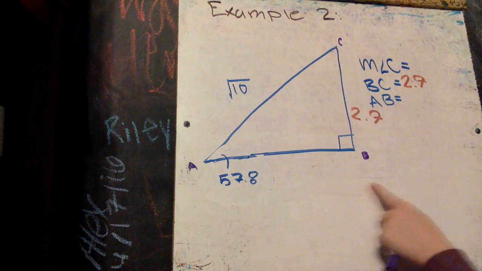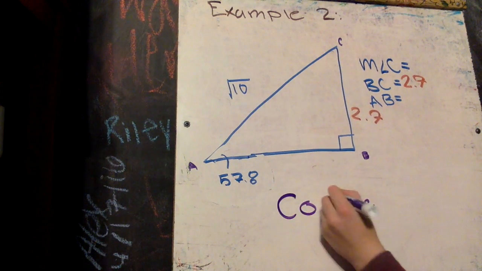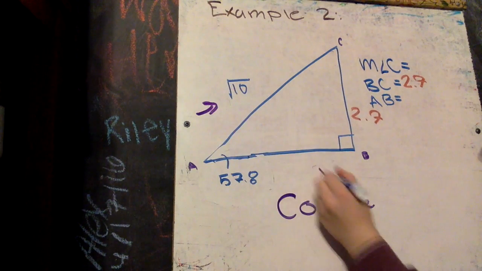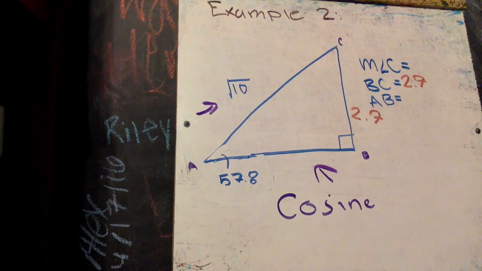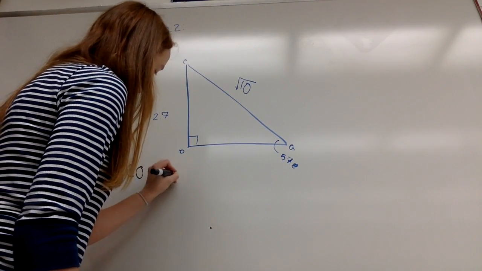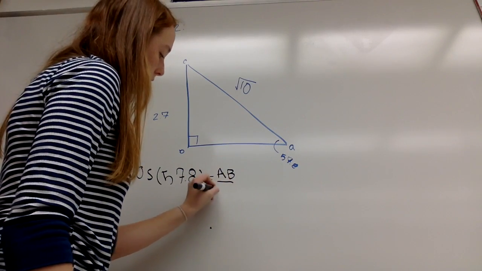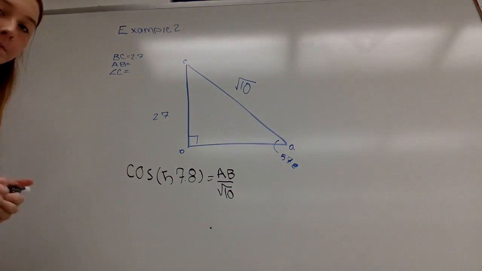Now let's find the measure of AB. We know that we have to use cosine because we have the hypotenuse of the triangle and we need to find the measure of a line adjacent to the angle, A. So now our ratio for cosine will become cosine of 57.8 equals AB over radical 10.